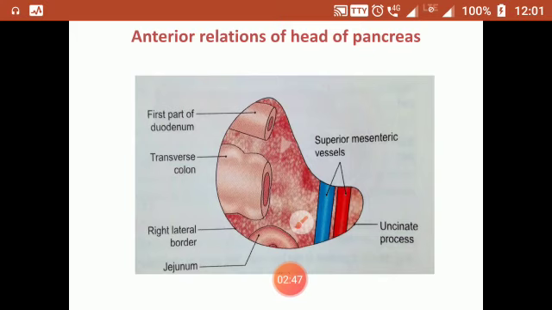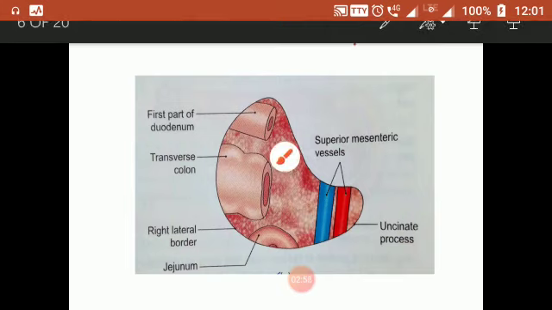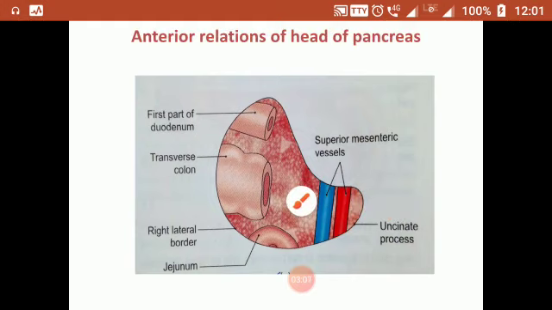Coming to the anterior relations of the head of the pancreas, anteriorly the pancreas is related to the first part of the duodenum, then to the transverse colon and the coils of the jejunum. The uncinate process, anteriorly, is related to the superior mesenteric vessels.